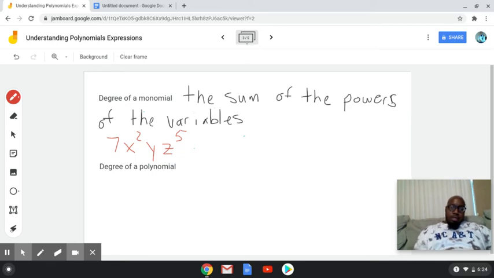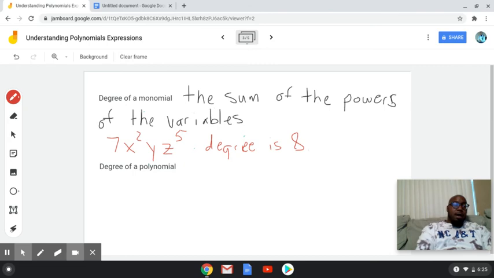If you wrote that it's 7, then you're wrong, because you only added 2 plus 5. But remember, this y has a 1 as well. So it's 2 plus 1 plus 5, which is 8. So the degree is 8.